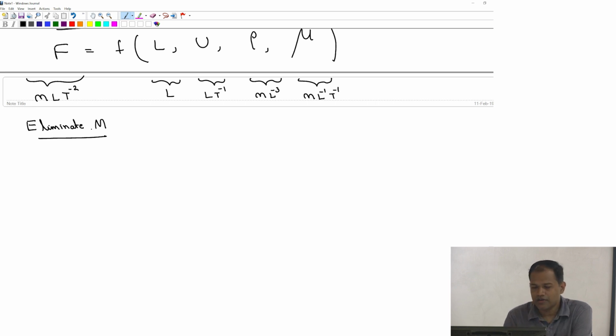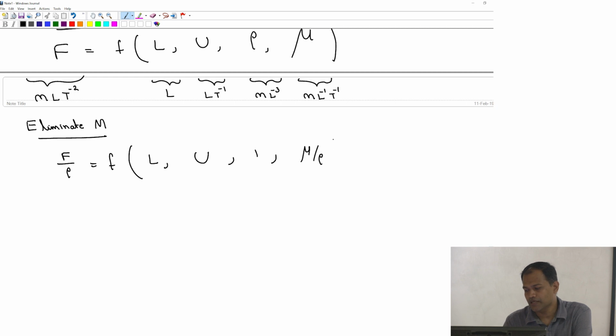In other words, I will divide f with density, I will divide mu with density. Okay. So, if I do that, I will write f by rho is going to be a function of L, nothing you need to do, U, nothing you need to do, rho by rho is 1, so I will not write it any more as a function of rho, and then mu by rho.